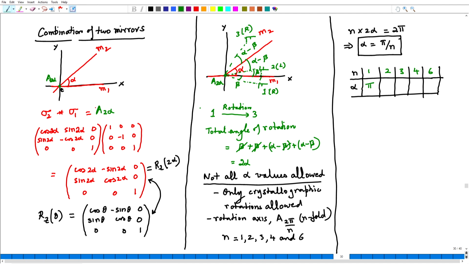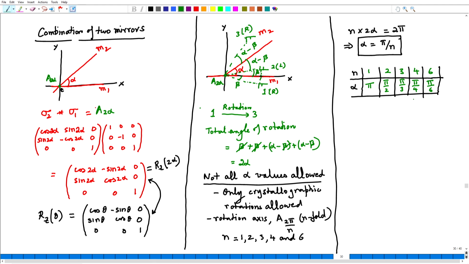What does this mean? Basically, it means that M1 and M2 are in the same plane, essentially only a single mirror is there. For n is equal to 2, I will have pi upon 2, then pi upon 3 for n is equal to 3, pi upon 4 for n is equal to 4 and pi upon 6. So, I have 180 degrees, 90 degrees, 120, 60 degrees, 45 degrees and so on, and 30 degrees.